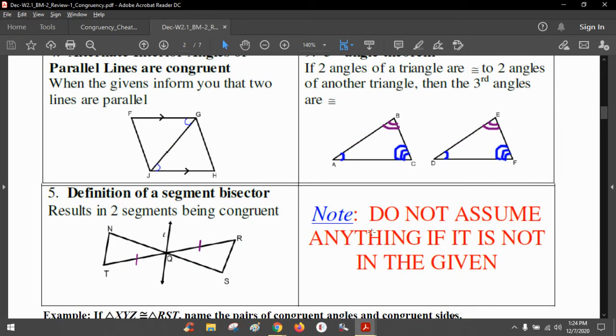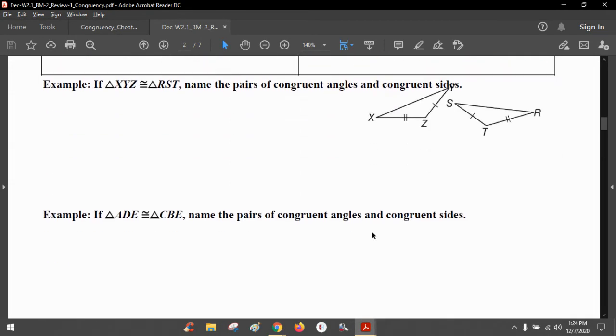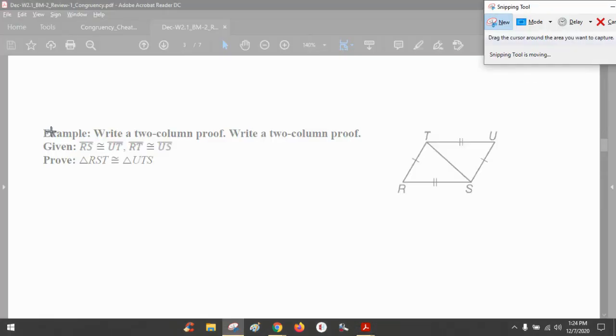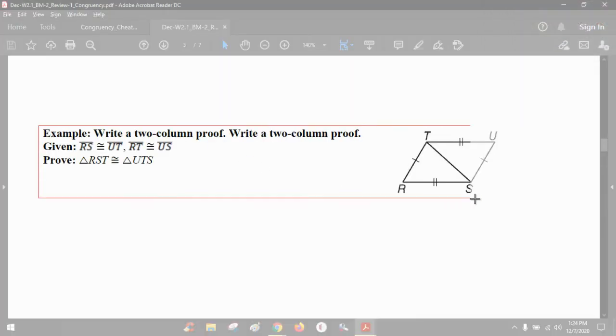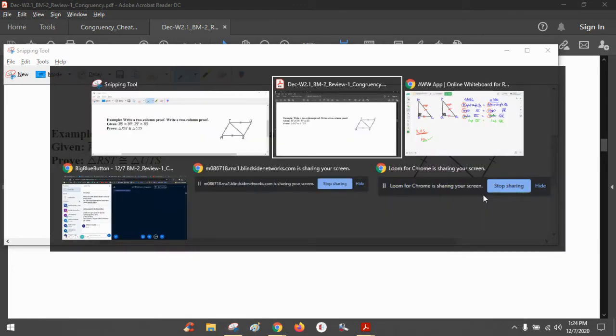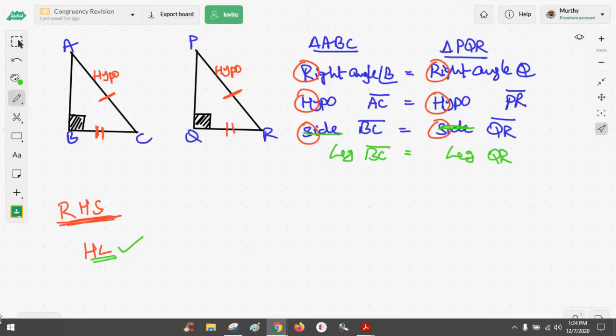Oh my gosh, this 10th point too: do not assume anything if it is not in the given or in the diagram. Okay, so let me take a couple of questions. Let me copy this to my whiteboard.